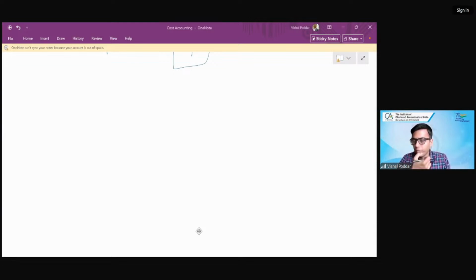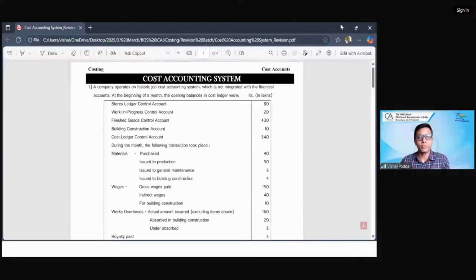So I'll request everyone to be ready with your notebooks, pen, and calculator, so that our working would be fast and we should be able to cover the maximum number of sums. Okay. So the sums which I have selected, I have purposely taken all the lengthy sums. You may even get a smaller sum with fewer adjustments, but I have taken all the lengthy ones so that all possible adjustments are covered in our revision questions.